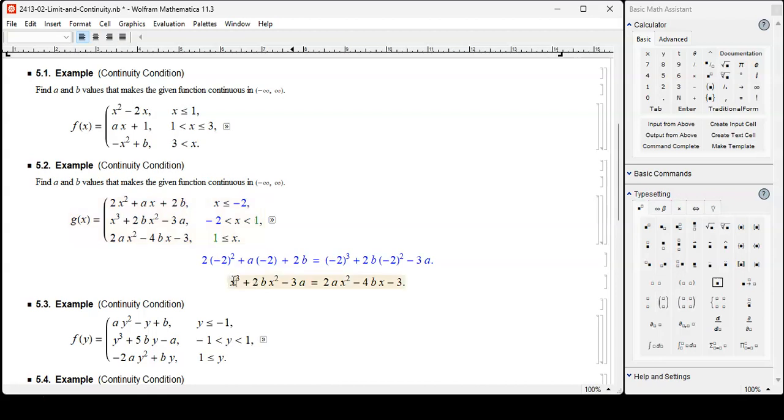So plug in x equal to 1, plug in x equal to 1, do the same thing here, plug in x equal to 1, and that gives me the second equation. So what do we have? We have a system of linear equations. Two equations and two unknown parameters, a and b. Simplify and solve those, you're going to get the answer. So, if you want to do this, stop the playback and do this.